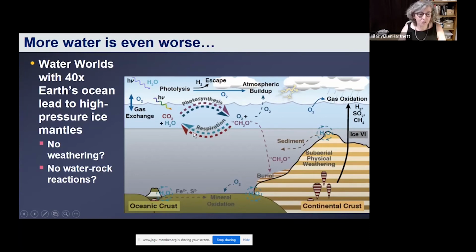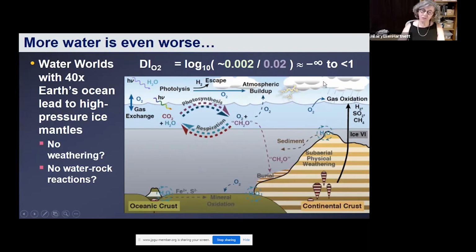In this case, we don't have a good estimate for what the photosynthesis and respiration rates might be, but they're even lower than they were for the 5 oceans planet. So now let's just say that it's 0.002 biological production and 0.02 photolysis production. Well, now the abiotic production is larger. The detectability index is a negative number.